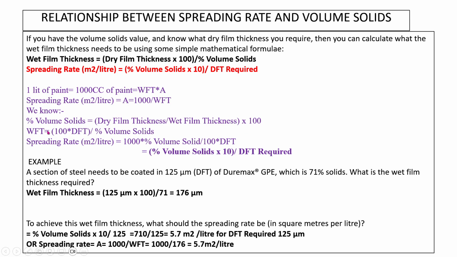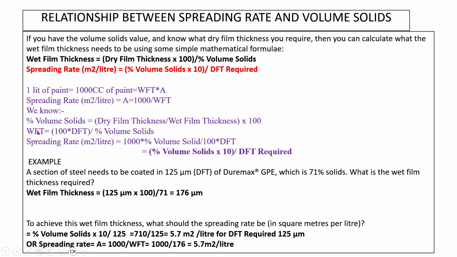So wet film thickness is equal to dry film thickness divided by percentage of volume solids, times 100.